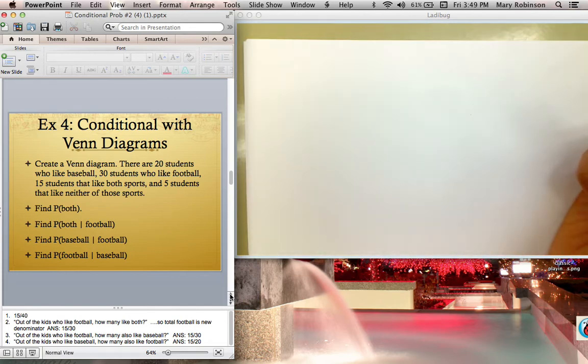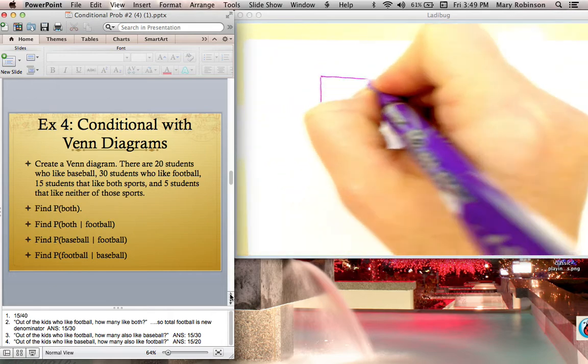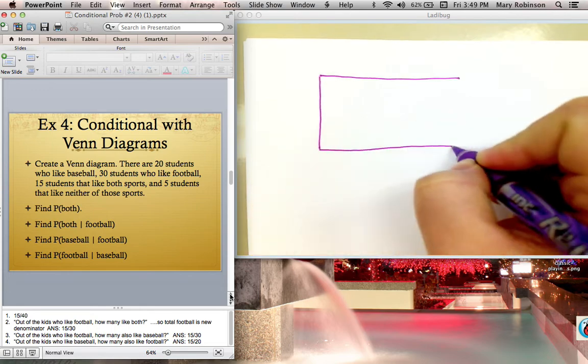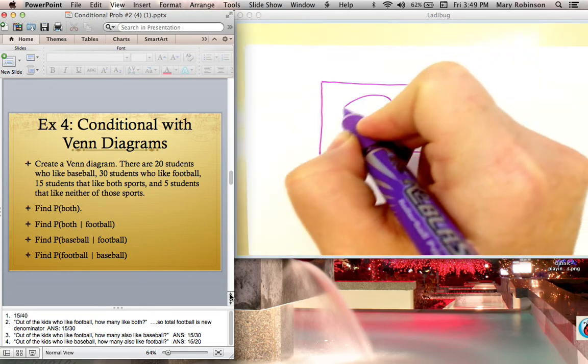It says there are 20 students who like baseball, 30 students who like football, 15 students that like both sports, and 5 students that like neither. So it appears that the only 2 categories we see are baseball and football. So my Venn diagram will consist of a box with 2 overlapping circles.